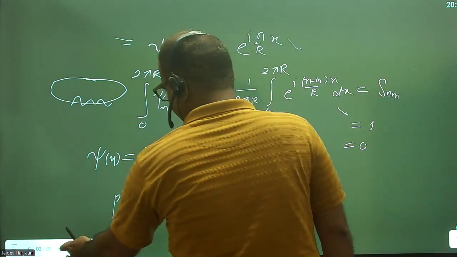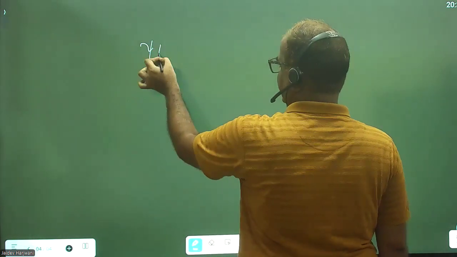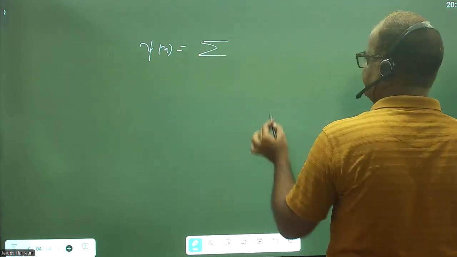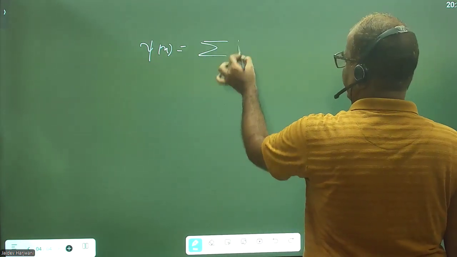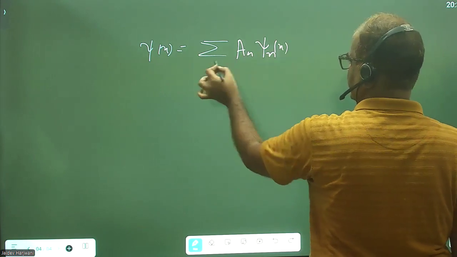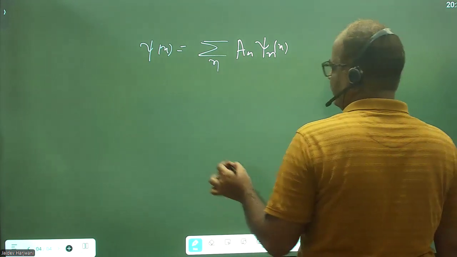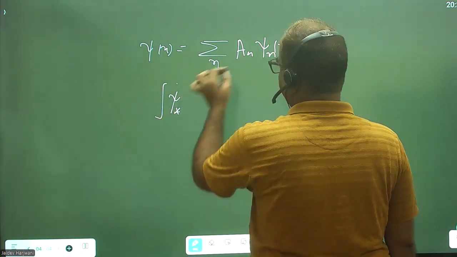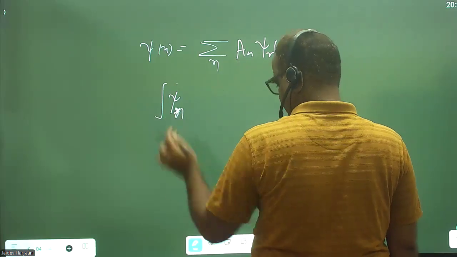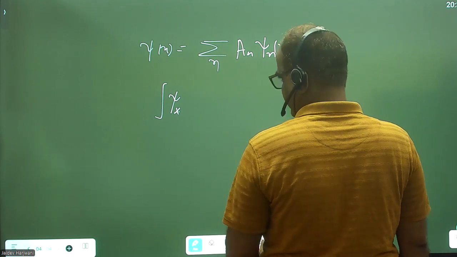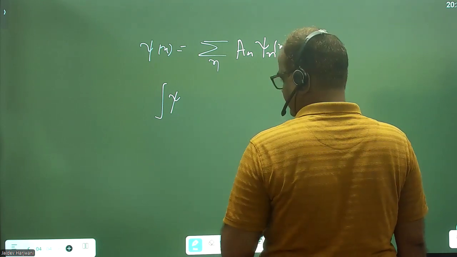So suppose I have psi x equal to the summation of a_n psi_n x, and now I want to get the value of a_n. So what can I write?